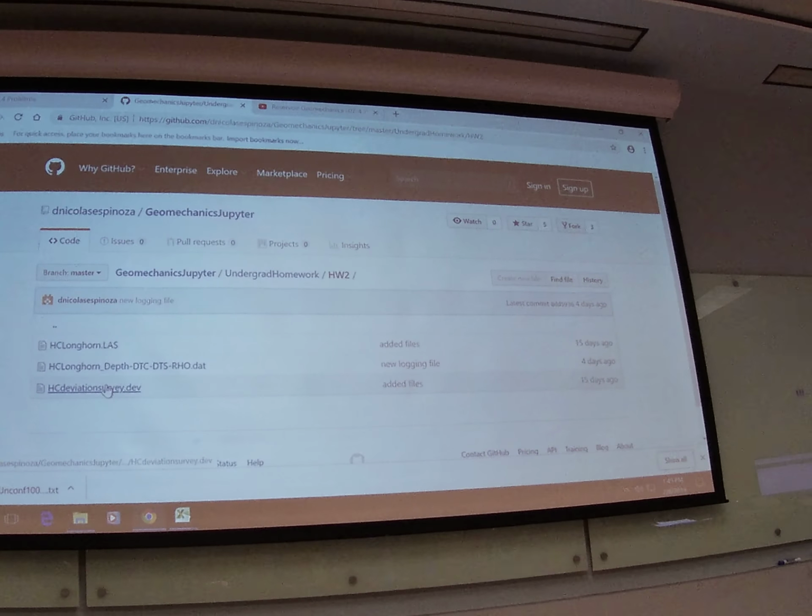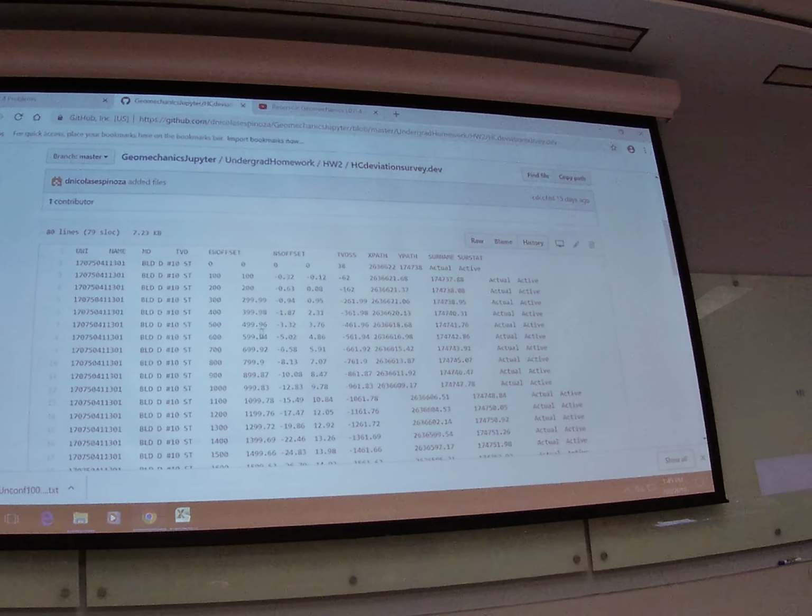the deviation file that you're also going to open in Excel the same way that you open the other ones, and it tells you here a few columns about the name of the well, I think this is the API number, and the first column is measured depth, second one is TVD, and then you have east-west offset, north-south offset, and true vertical depth sub C. Let me tell you what that is.